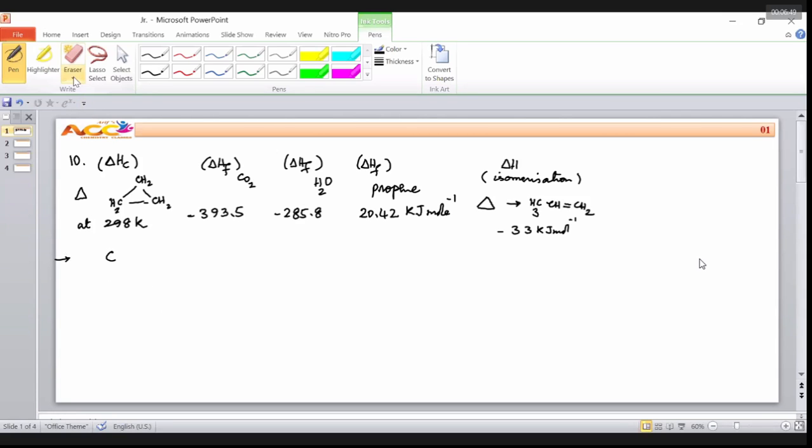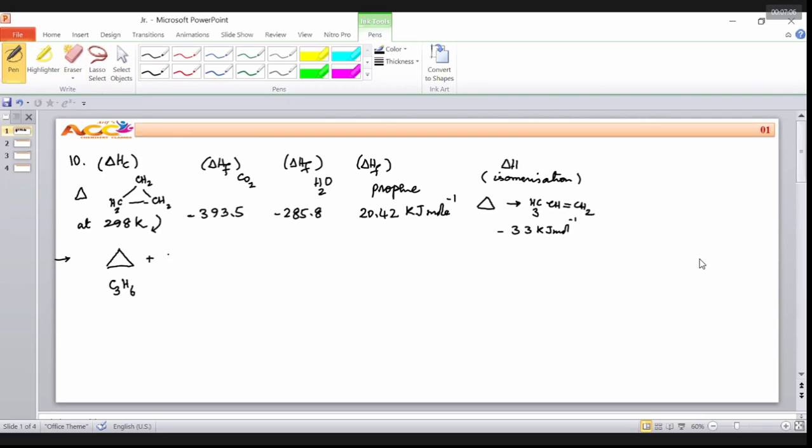It is not better to write it like this because you may get confused. We have to write like this. You remember this one. It is as good as C3H6.